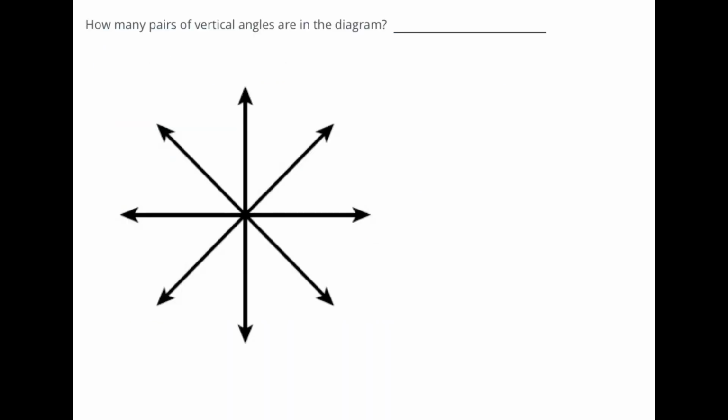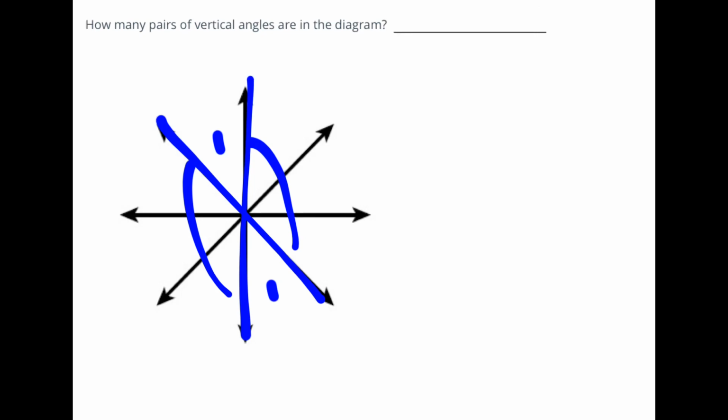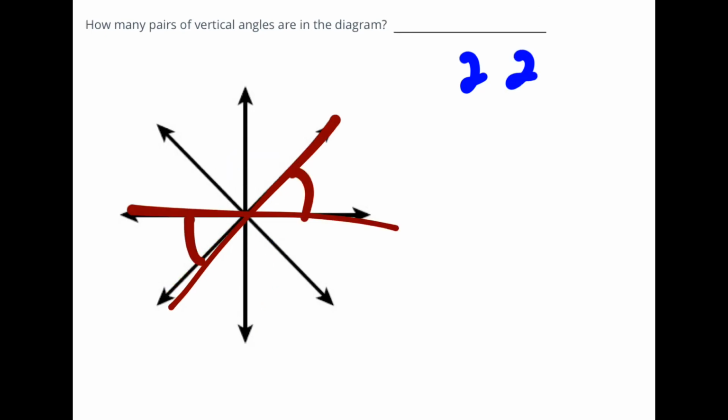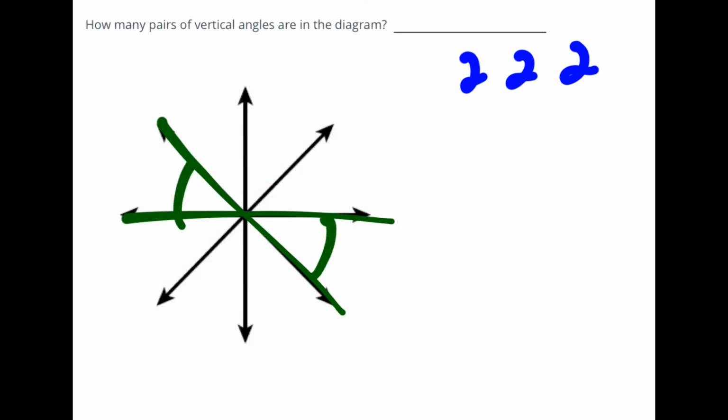How many pairs of vertical angles? So if I draw over these two lines, I have one pair here and another pair all the way here. So that's two pairs. Same thing, I have one and then a second. Yet again, here's 1, 2 pairs. Then I have 1, 2 pairs.